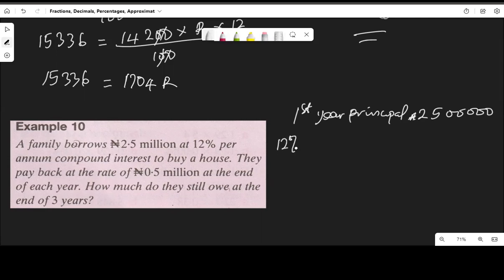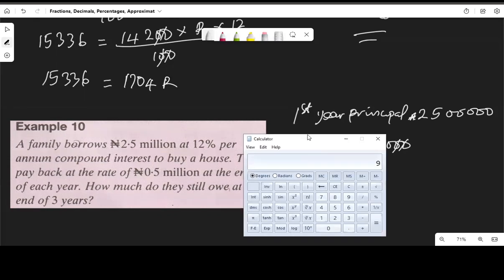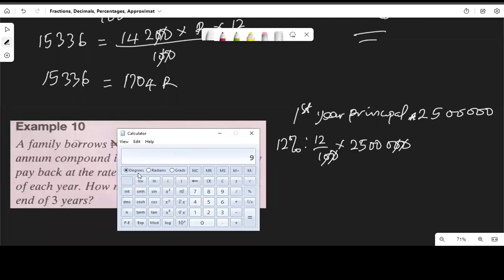Now, 12% interest on that will be 12 over 100 times 2,500,000. The zeros will cancel. 12 times 25,000 is 300,000.